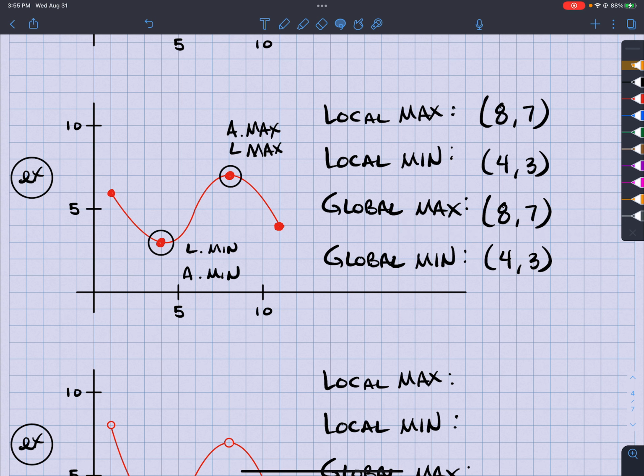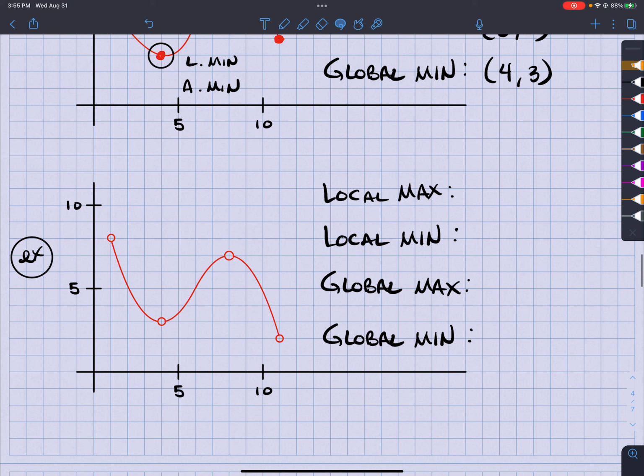All right. Now here, the difference is that there's a bunch of open circles. In that case, because there's no valley here, right, because it's an open circle, and no peak here, I don't have a local max or local min.